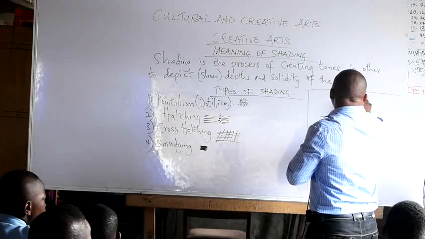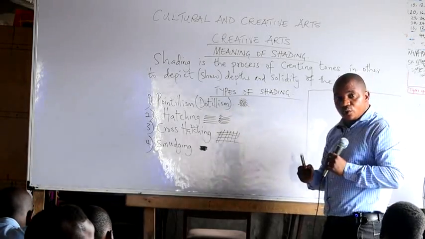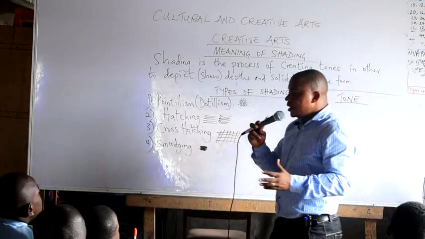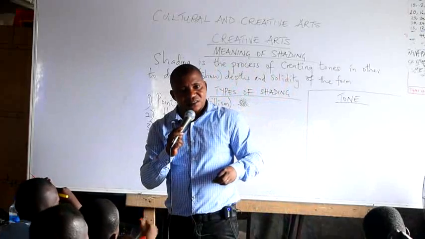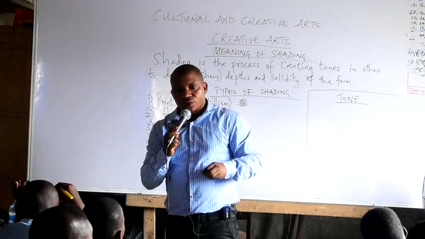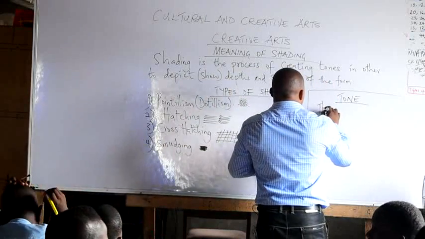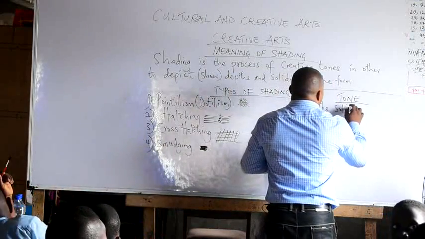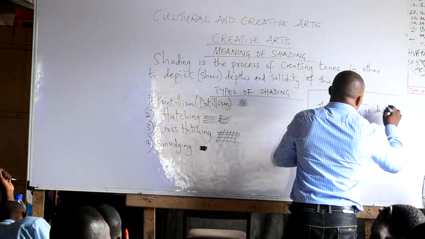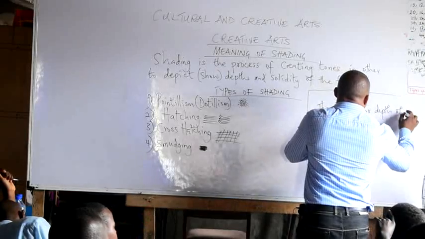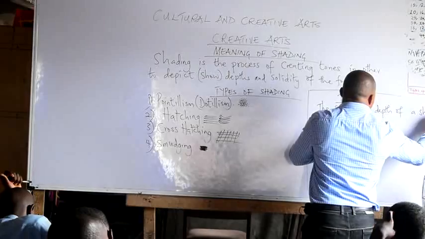Tone. What is tone? When we talk about tone, tone has different meanings in different fields. But in the field of art, when we talk about tone, we are talking about the solidity or depth of a shade.